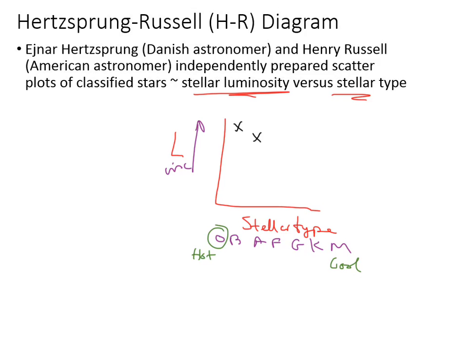But they were really excited. Each one of these represents a star, and it made sense. It's kind of a line pattern. Scientists get excited about lines. Go figure. So the cooler the star, down here, the lower its luminosity. That's how that works.